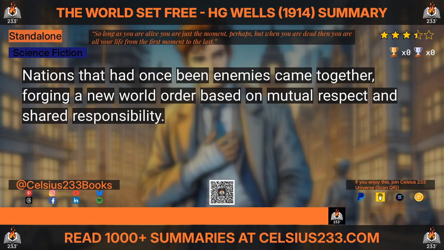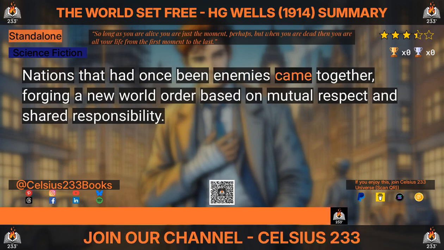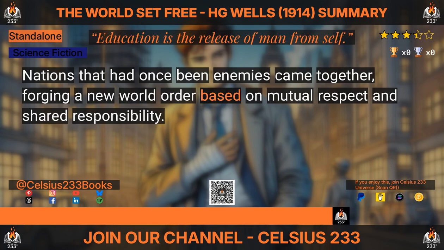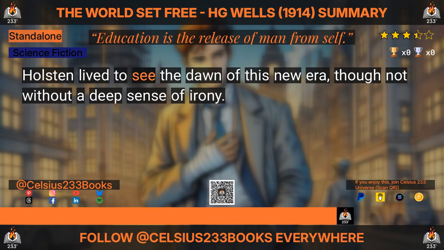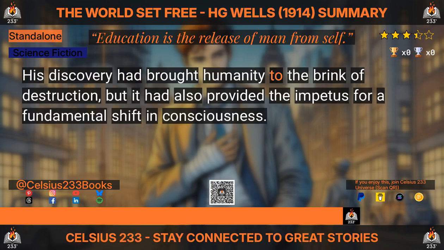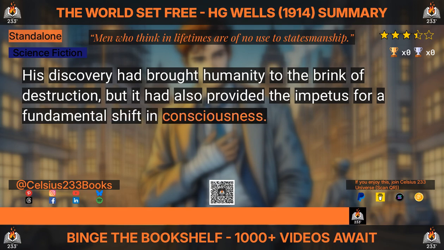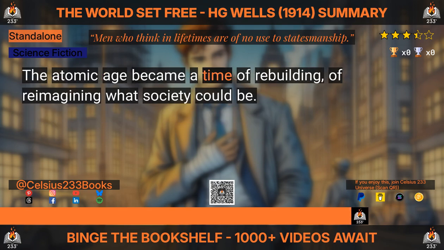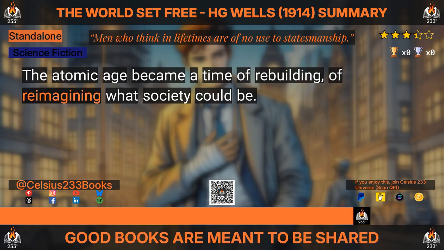Nations that had once been enemies came together, forging a new world order based on mutual respect and shared responsibility. Halston lived to see the dawn of this new era, though not without a deep sense of irony. His discovery had brought humanity to the brink of destruction, but it had also provided the impetus for a fundamental shift in consciousness. The atomic age became a time of rebuilding, of reimagining what society could be.